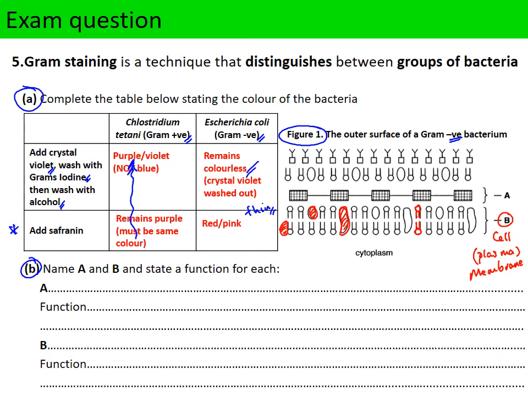Therefore, we now know that sitting on the outside of the cell membrane or the plasma membrane is a very thin layer of peptidoglycan, represented by this picture here. And outside that, because it's gram-negative, this double membrane here would be the lipopolysaccharide-rich outer membrane.